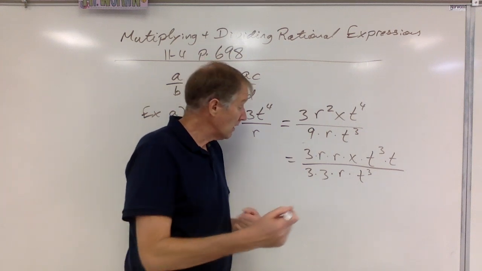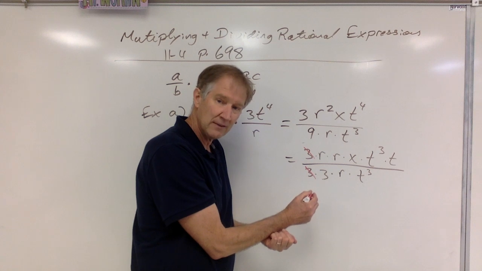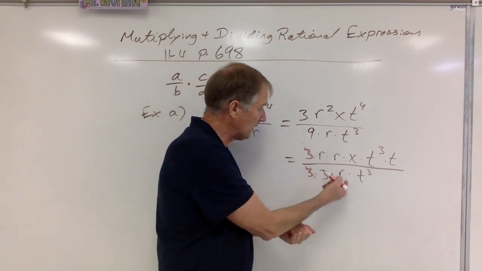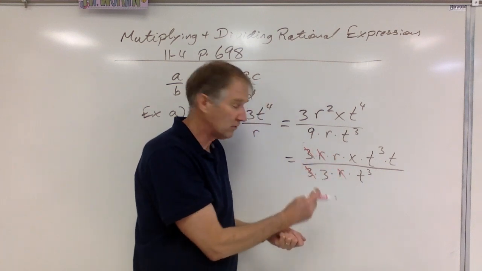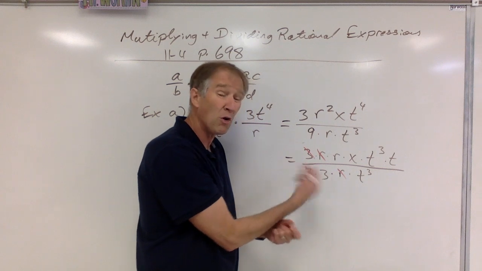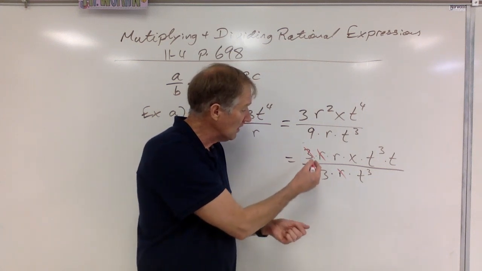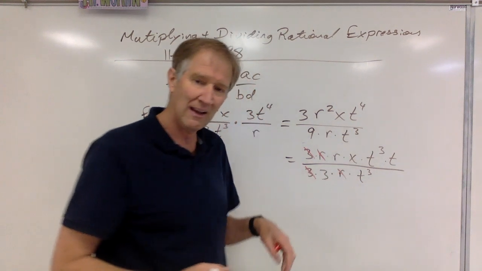So I've got a 3 in the numerator and a 3 in the denominator. They cancel. I have an r up here and an r down there. Again, these are all multiplied. We couldn't do this if they were plus or minus, but we can with multiplication. So r divided by r cancels. X has nothing in the denominator to cancel with.